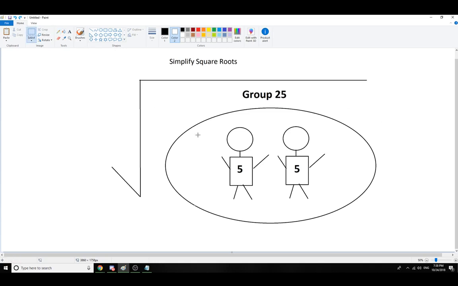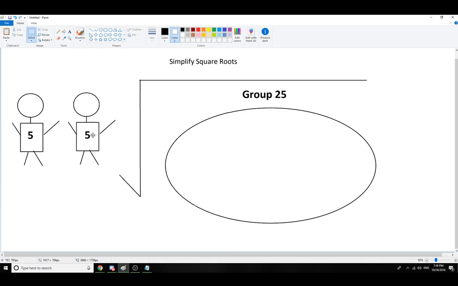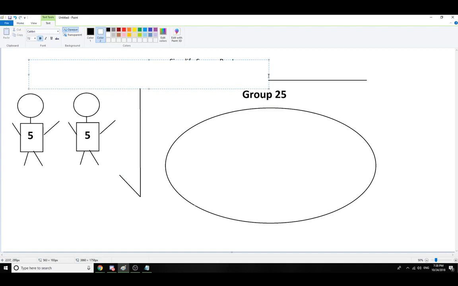So they're freed. They get to leave outside the jail, right? And when they leave, they love their individual numbers so much that they start a business, and they call it Group 5.